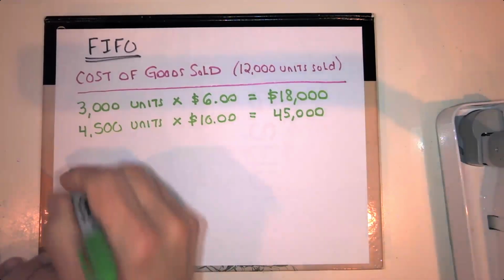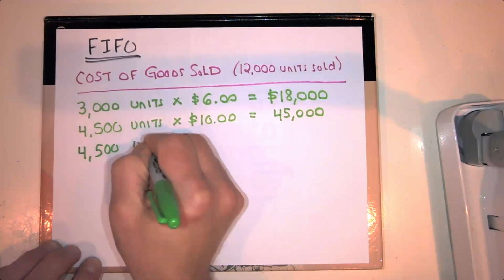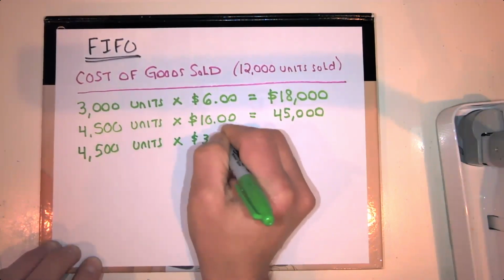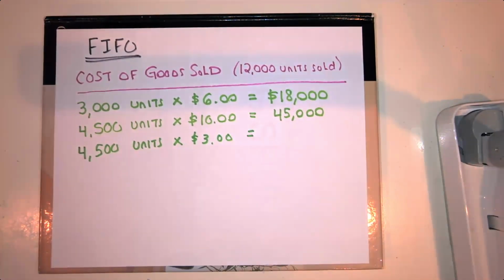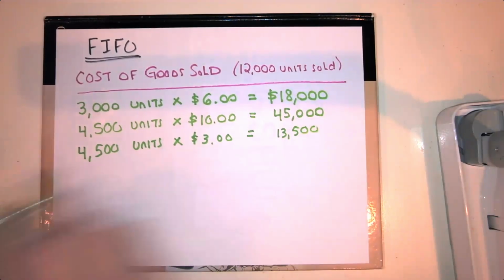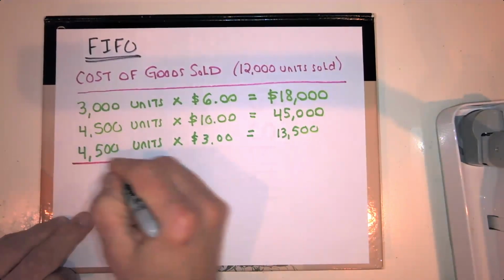So of those 6,300, we will take 4,500 of them. Each of those units costs $3. So that is 13,500.